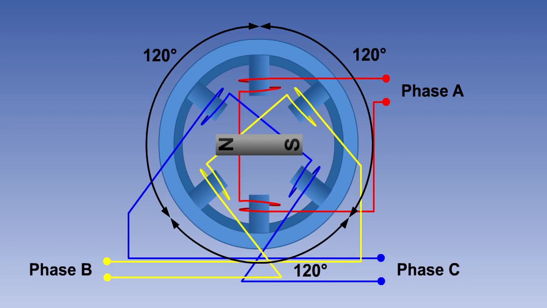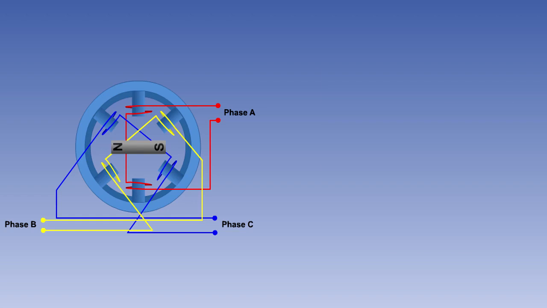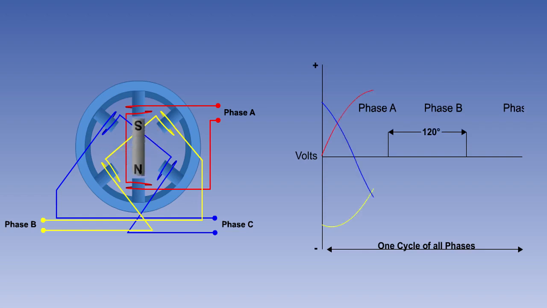The currents and voltages generated in this type of machine will have the same frequency, but be out of phase with each other by 120 degrees. It can be seen that A phase reaches a peak going positive 120 degrees before B phase reaches a peak going positive.